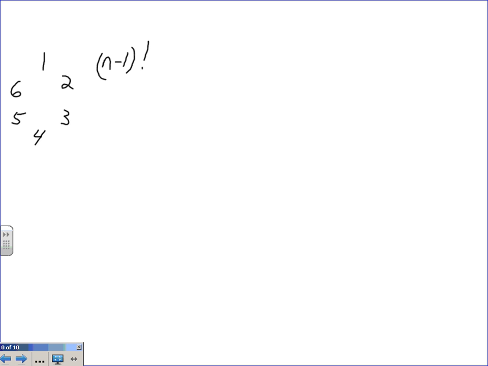So if it's in a circular arrangement, this is the formula for a circular permutation, circular arrangement. And it is less. It is 6 minus 1, or 5 factorial, which is 120.